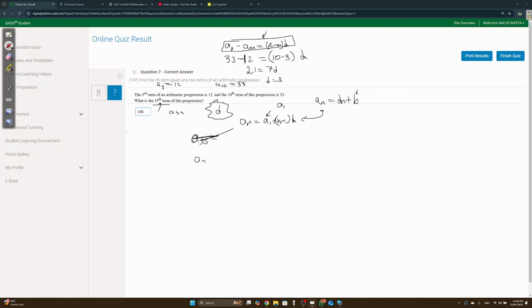So I'm going to say a35 minus, you can use a3 or a10, whatever. I use a3, is equal to n minus m d. a35, which we're trying to find, minus a3, which is 12, equals n minus m d.